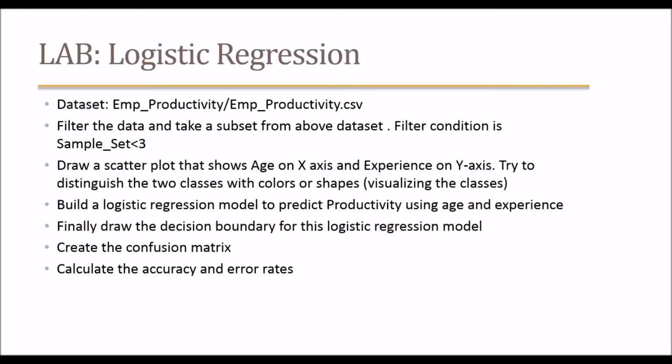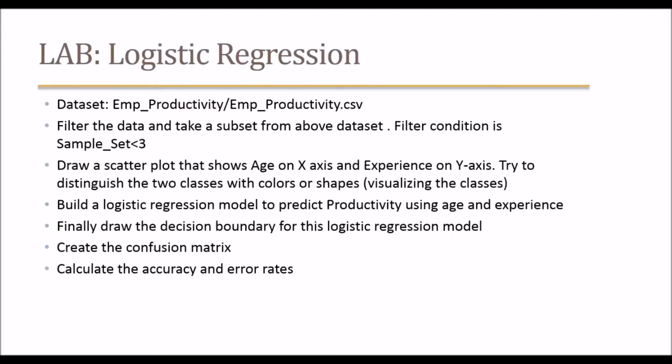In this lab we have to take the employee productivity data, then filter the data set and take a subset from it. The filter condition is sample set less than or equal to 3, or less than 3 actually. Then draw a scatter plot, age on the x-axis and experience on the y-axis, and try to distinguish two classes with two colors. Looks like there are two classes of people in this particular data set.